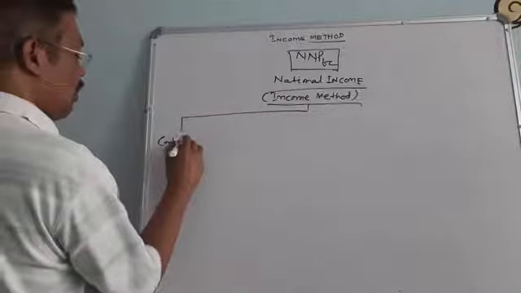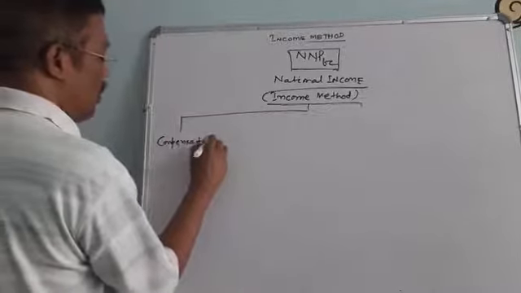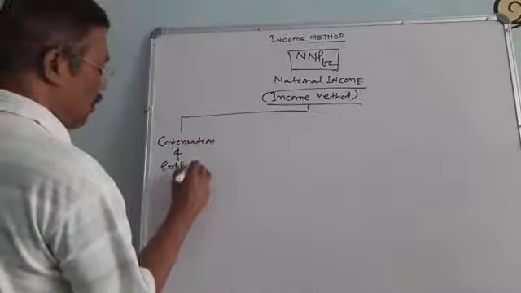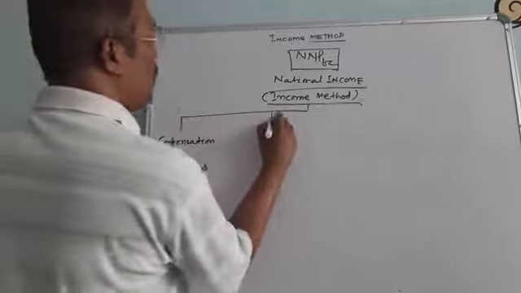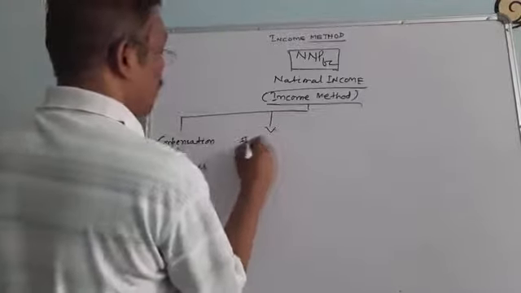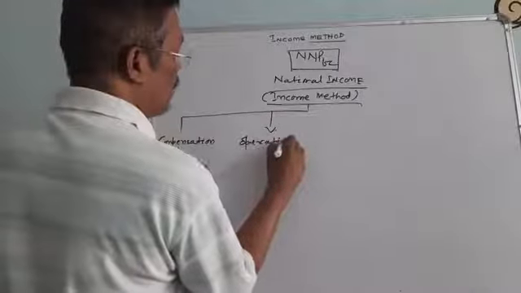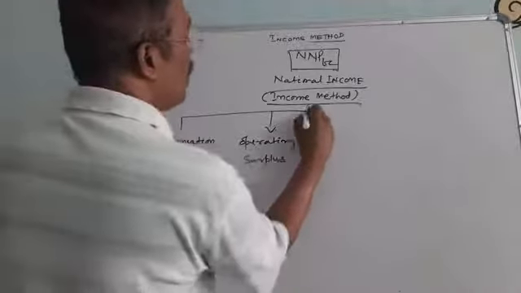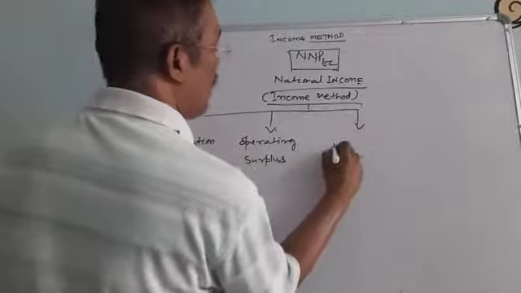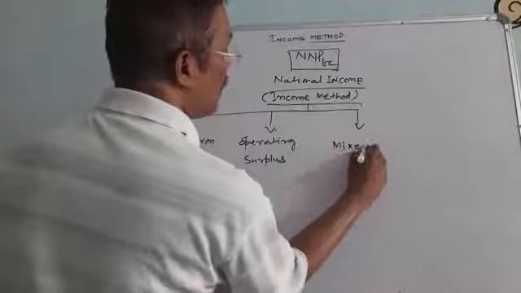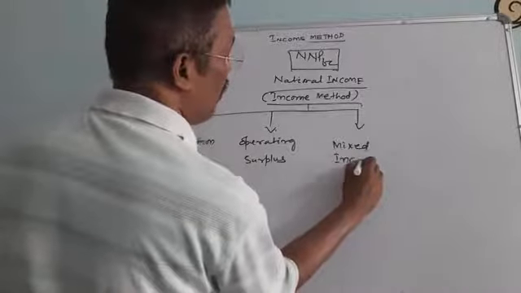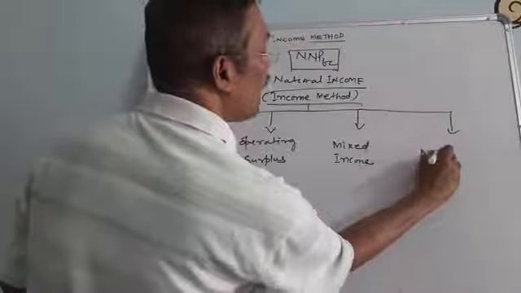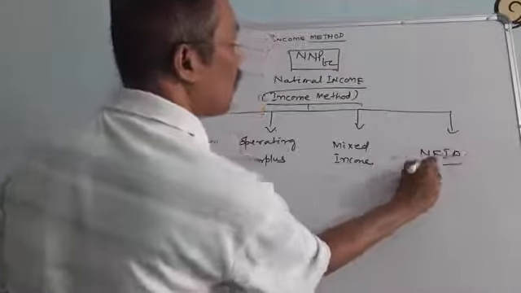Number 1, compensation of employees; number 2, operating surplus; number 3, mixed income; and number 4, net factor income from abroad.